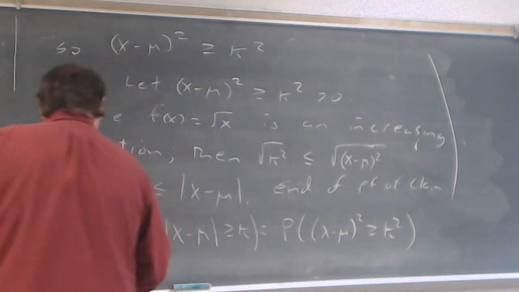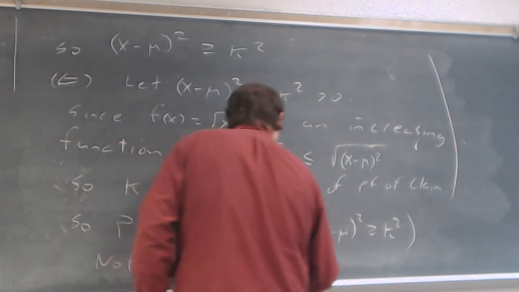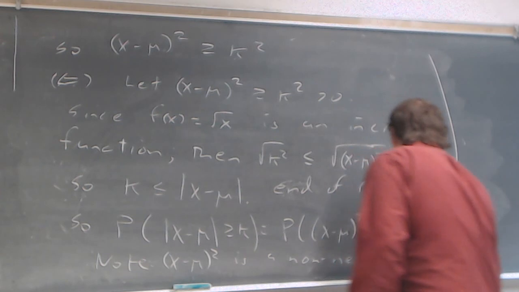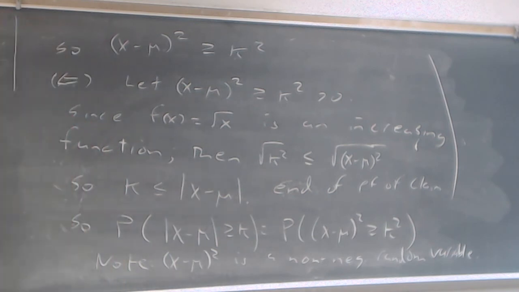And so note, (x minus mu) squared is a non-negative random variable. So we can apply Markov's inequality.